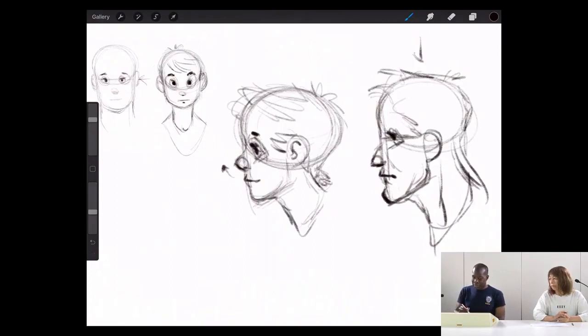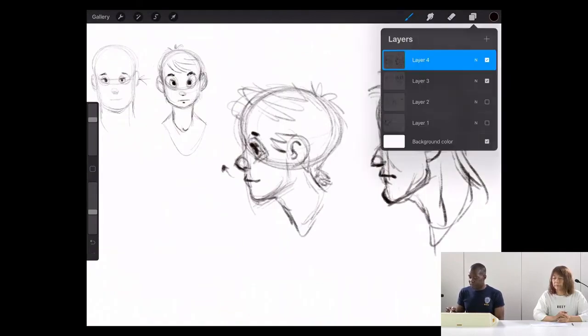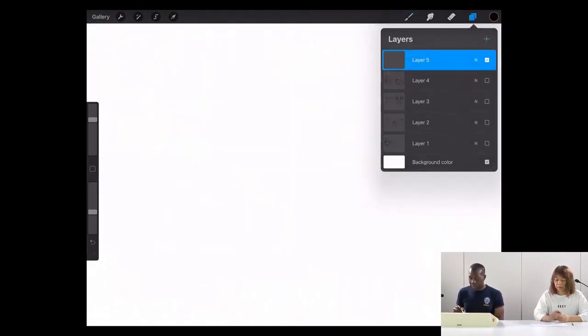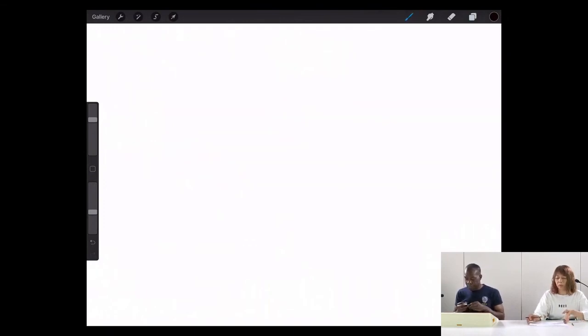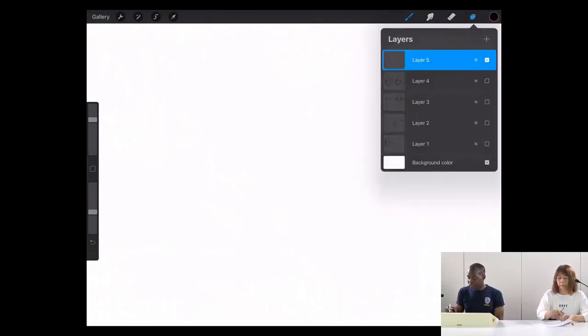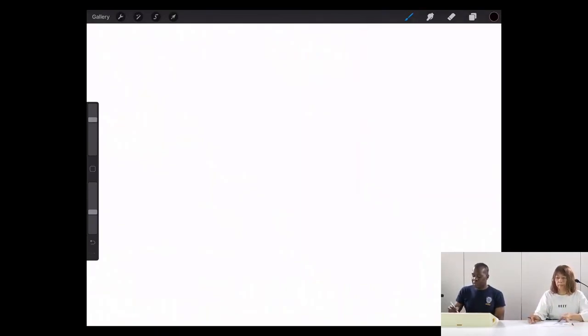Okay, so that's basically the idea in terms of drawing the head. Now I'm going to move into drawing the body. Again, I'm going to try to keep this as simple as possible, and I might caricature a little bit.